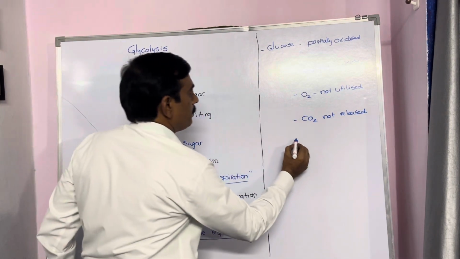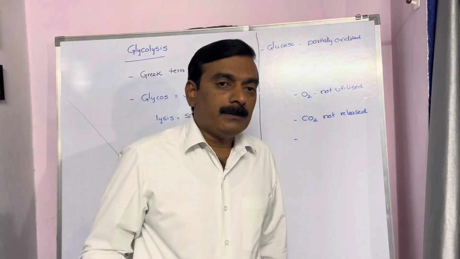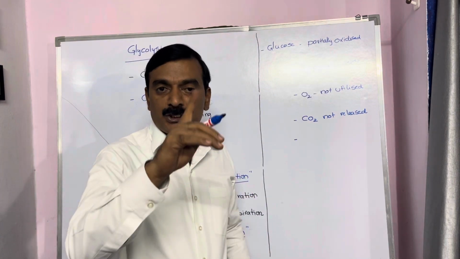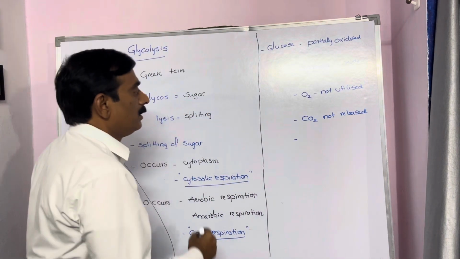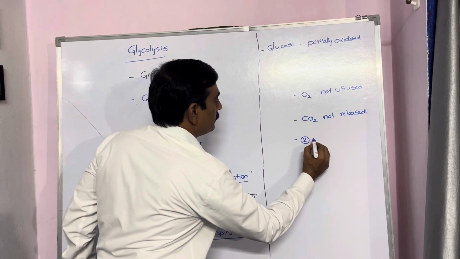Next point. During glycolysis, one partial oxidation occurs. Due to oxidation, two NADH plus H plus are formed.